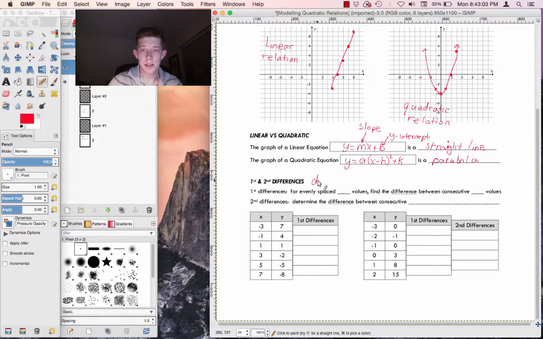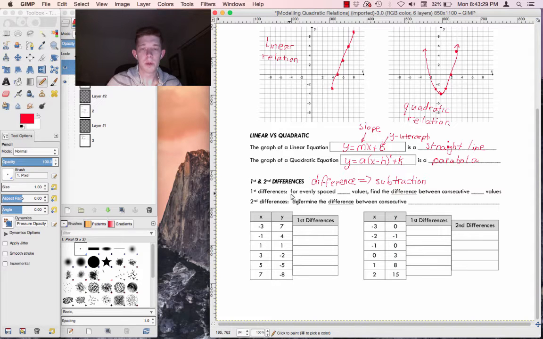The word difference in mathematics, you may remember, means subtraction. So anytime you see what's the difference between these two numbers, you can say, okay, it's the subtraction of the two, and we can work that out, right?